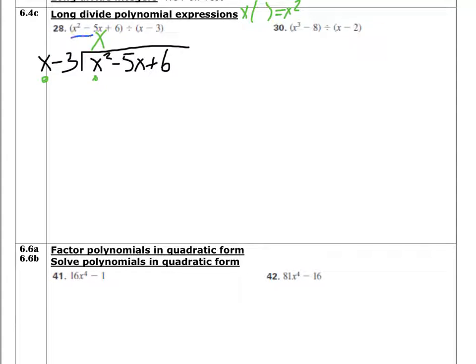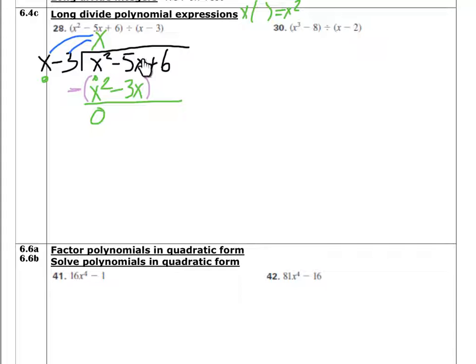Now what you need to do is multiply this through. x times x is x squared, so I'm going to line it up right here. x times a negative 3 is negative 3x, so line it up with its like terms. Now you have to make sure you subtract. So you need to subtract this term, which means x squared minus x squared is just 0.